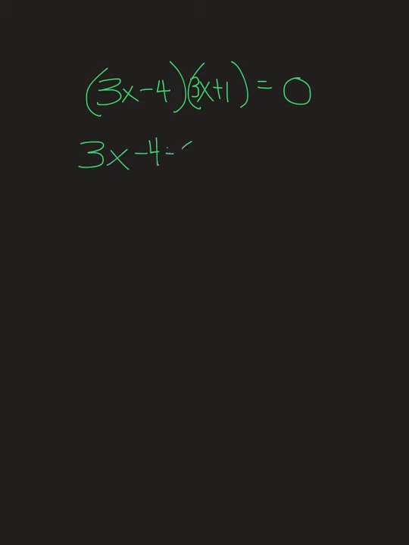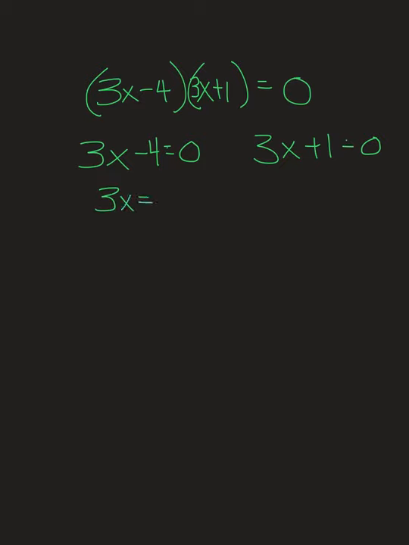What if we have two sets of parentheses? So I have 3x minus 4 and 3x plus 1 equals 0. Same exact concept. Set each one equal to 0. In this case, you'd add 4 to both sides.